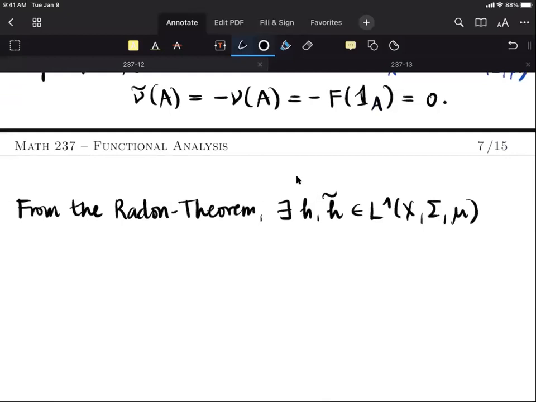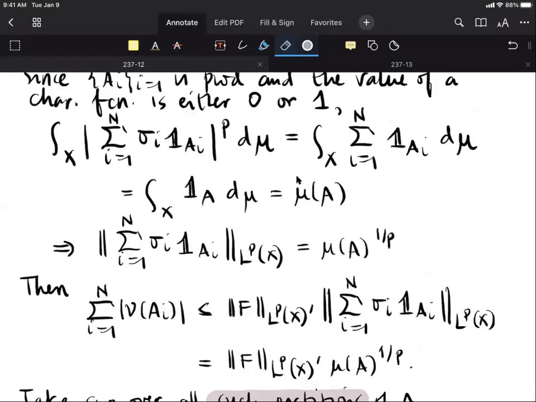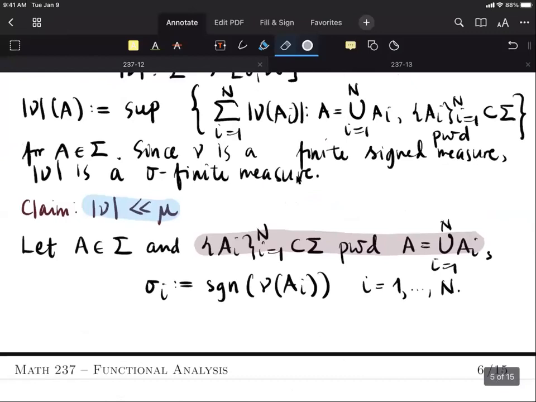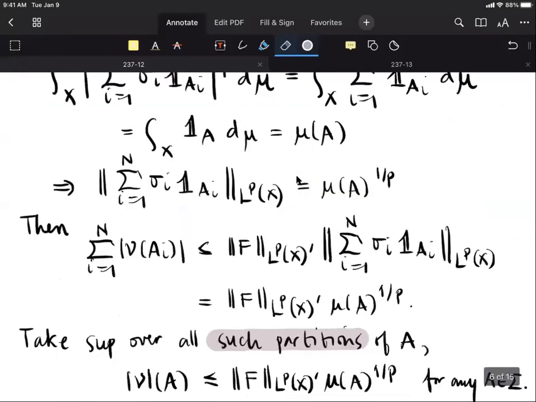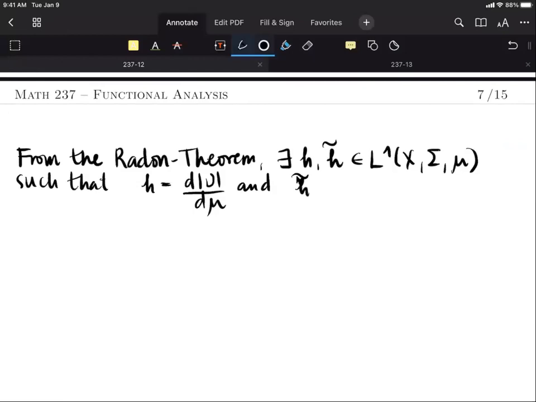This is the case because nu tilde and the total variation are finite, and this follows from the fact that our measure space is finite. Such that h is the Radon-Nikodym derivative of the total variation measure, and h tilde is the Radon-Nikodym derivative of the measure nu tilde.